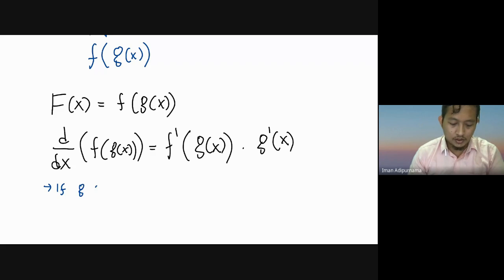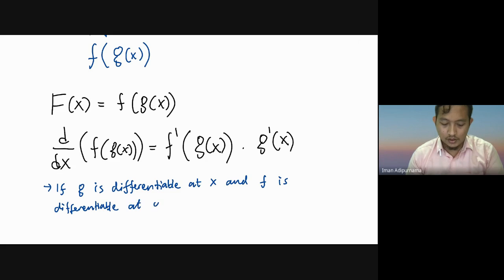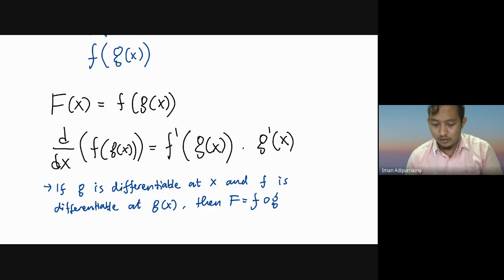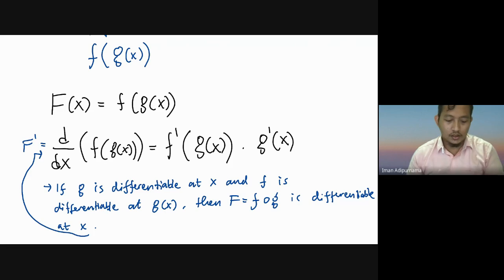If g is differentiable at x and f is differentiable at g of x, then F is differentiable at x, and F prime is equal to that.